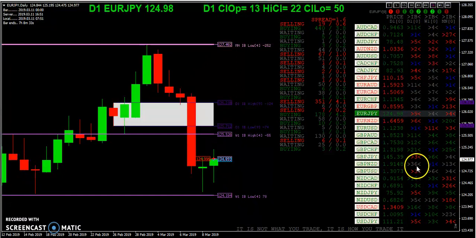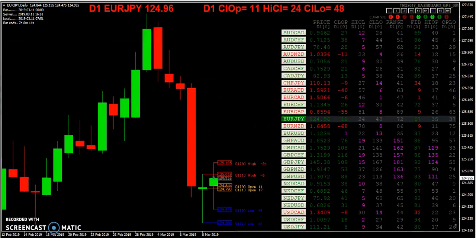If these colors are gray, then price is still within that inside bar. You can trade the weekly inside bar, which we could do right here. We see where the breaks will be. And we can see here today won't be an inside bar. And once again, breakout of the previous day's high or low.